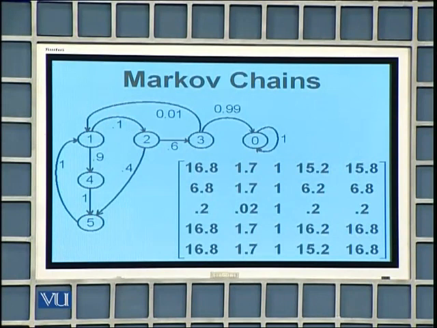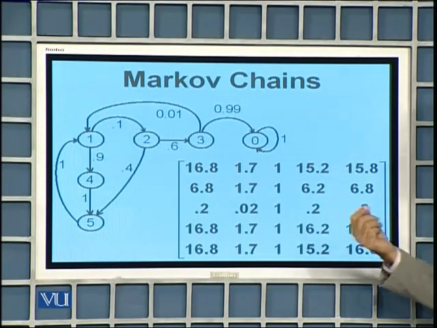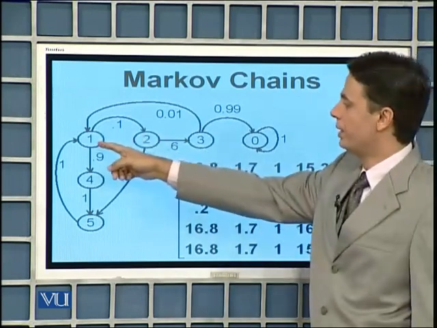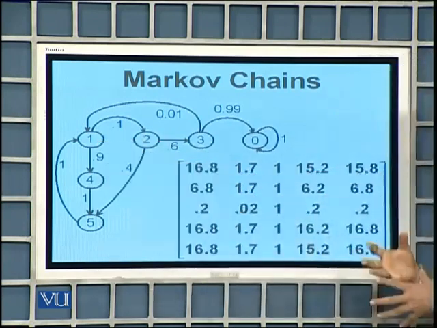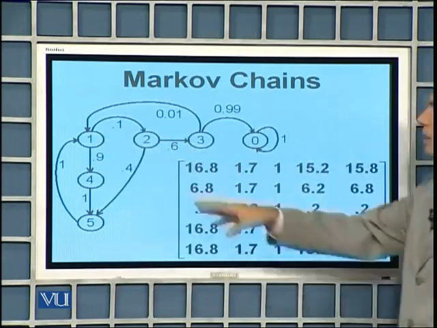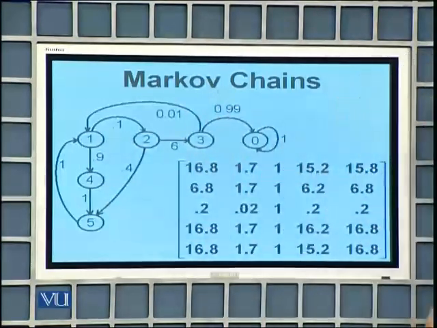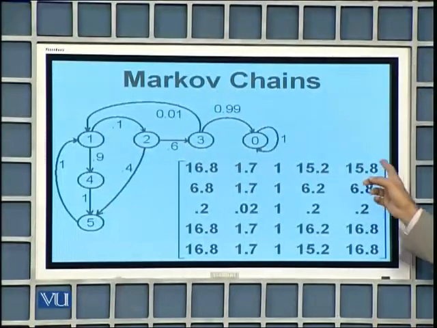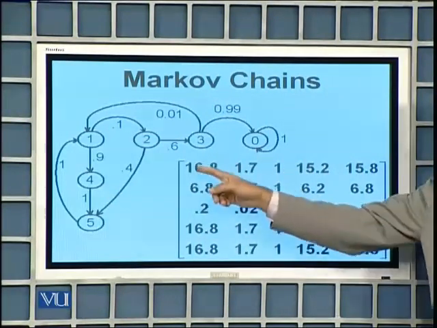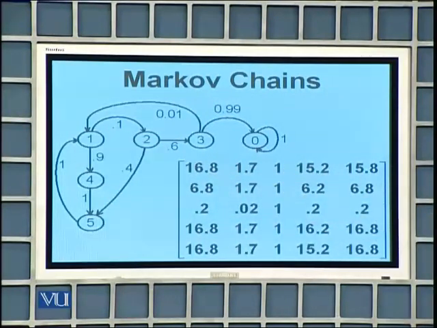Let's have a look at one important aspect of this Markov chain. If you start in state 1, what is the total number of steps on average that you take inside this transient class before you get absorbed here? That will be the sum of all these numbers, and if you sum all these numbers, it comes out to be 50.5.